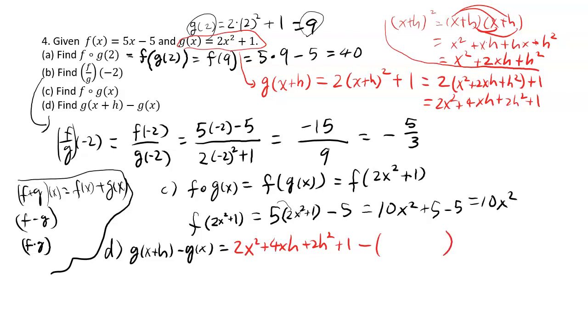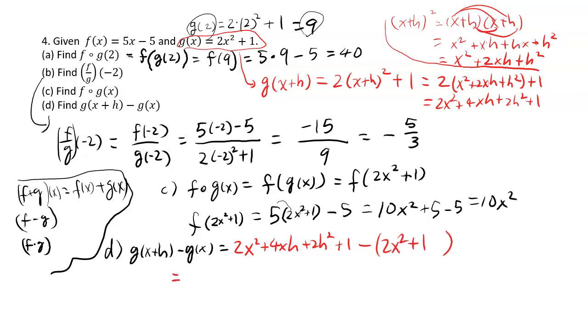You're replacing g of x by 2x squared plus 1, but minus is in front. If you have a minus or any other number in front of what you're trying to replace, be sure to put a parenthesis, because without the parenthesis, this minus wouldn't be distributed properly. You put a parenthesis, and in there, I put 2x squared plus 1.